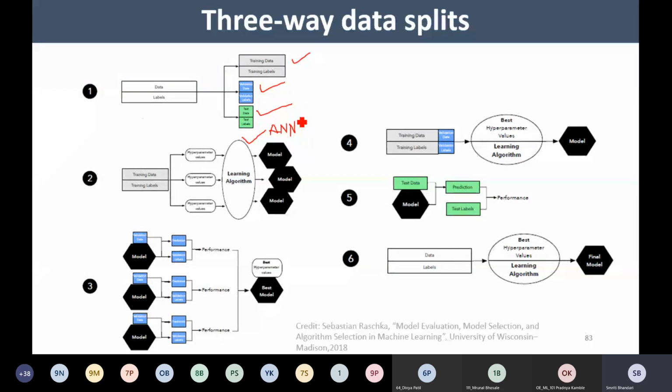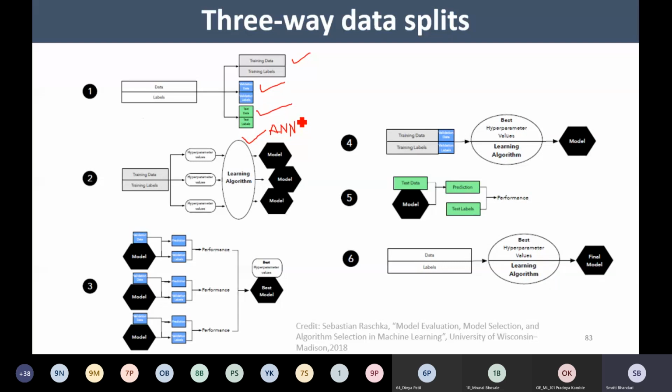So learning algorithm to be used is ANN, but I may use different parameters for that ANN, meaning I may use a simple perceptron, I may use 2 hidden layers, I may use 5 hidden layers in ANN, I may use number of neurons in every layer.